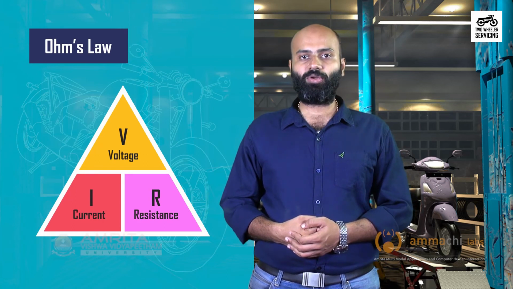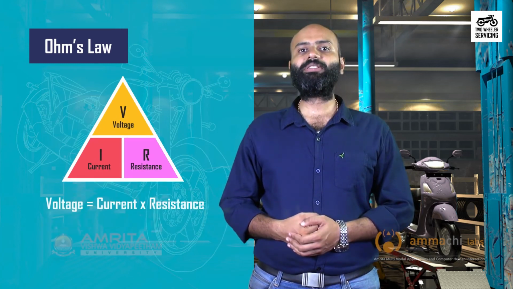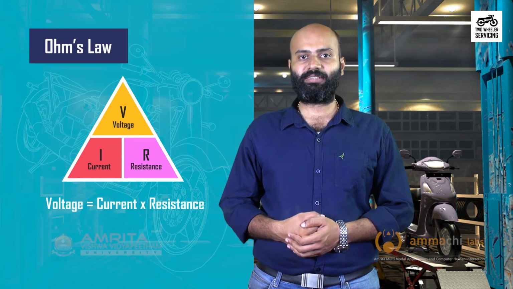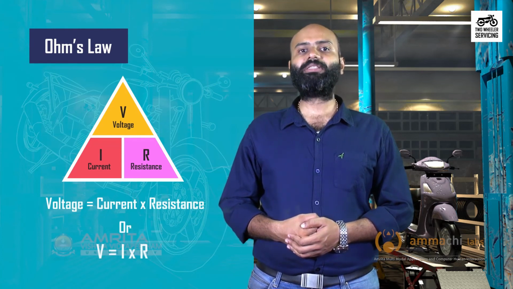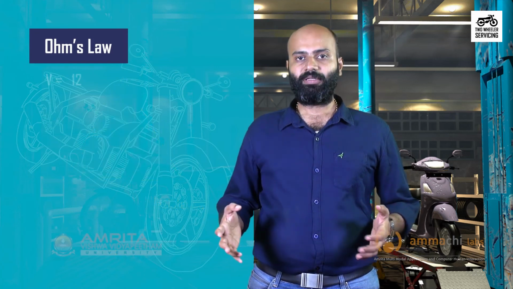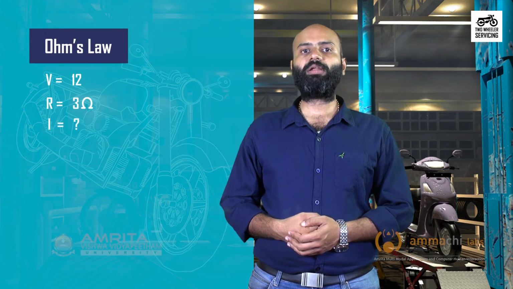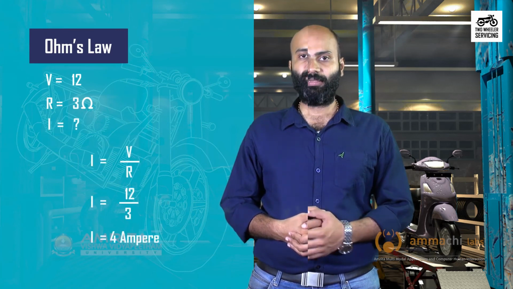According to Ohm's law, as the current increases, the voltage also increases. The relationship is voltage equals current times resistance, or V equals I times R. For example, a 12-volt battery connected to a 3-ohm load, the current will be 4 ampere.